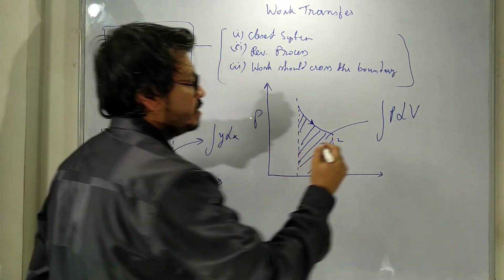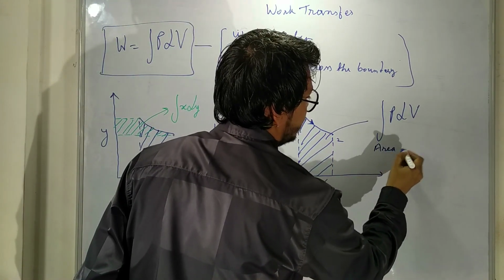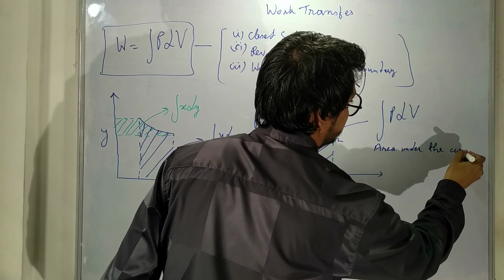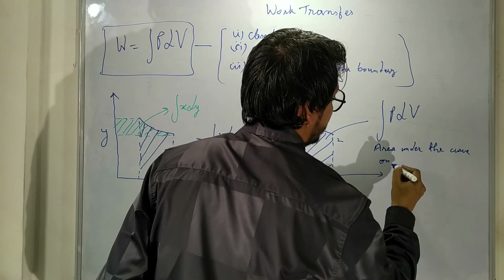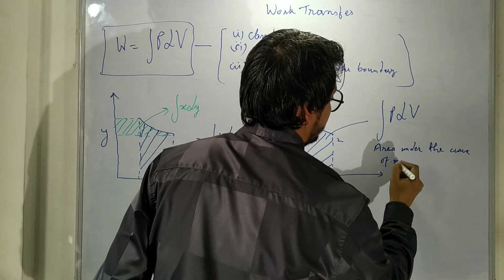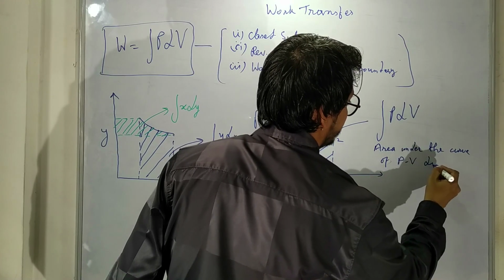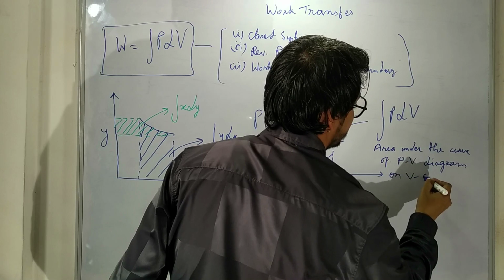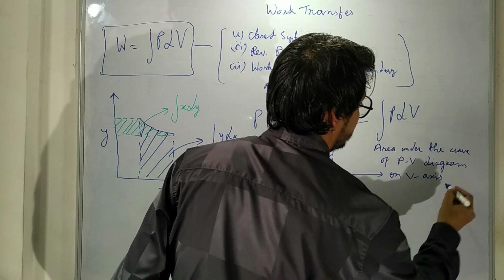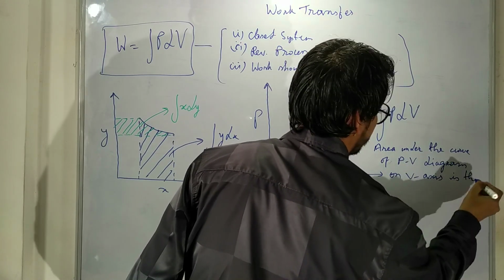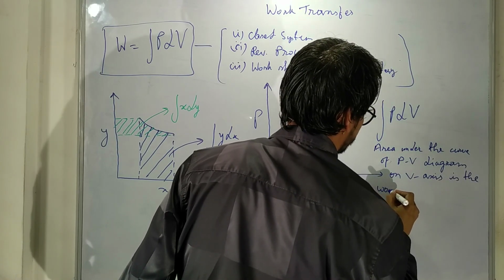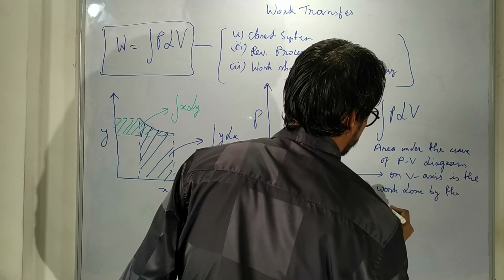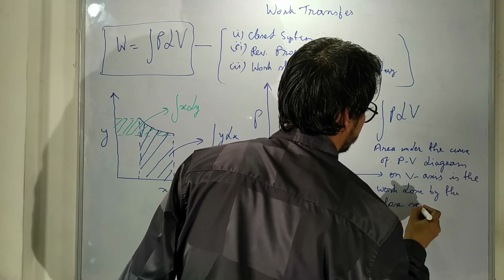So we can say that area under the curve of PV diagram on V axis is the work done by the closed system.